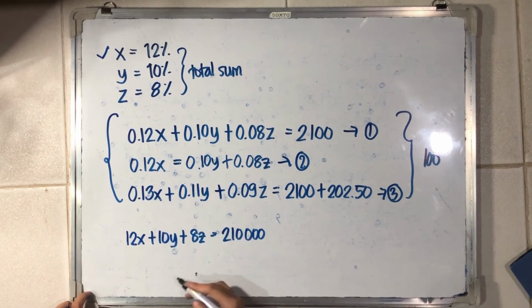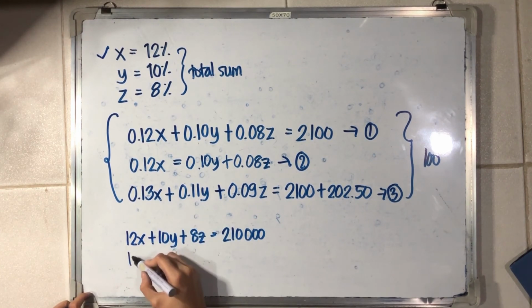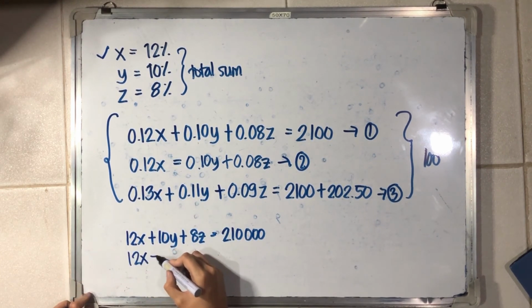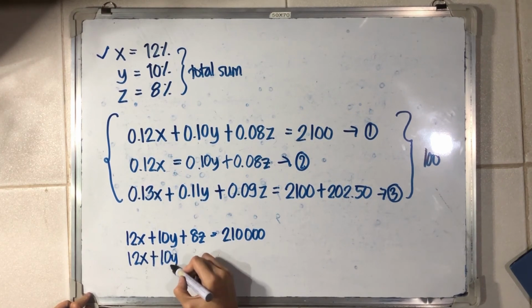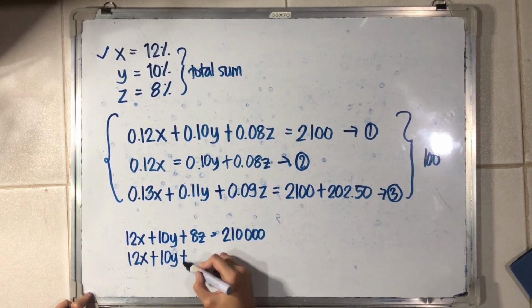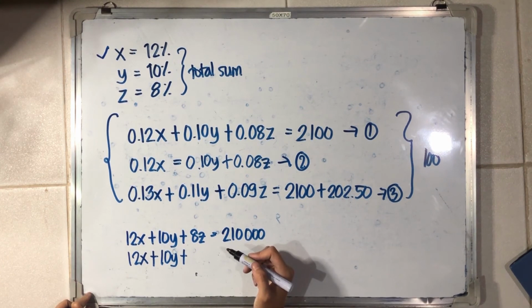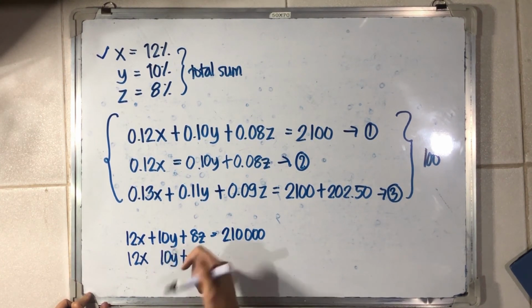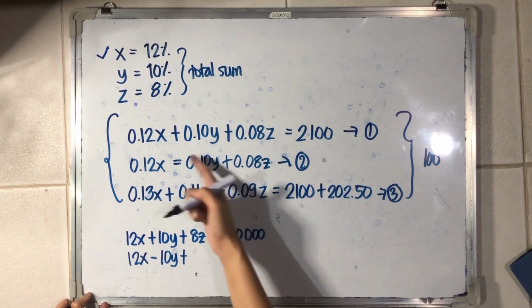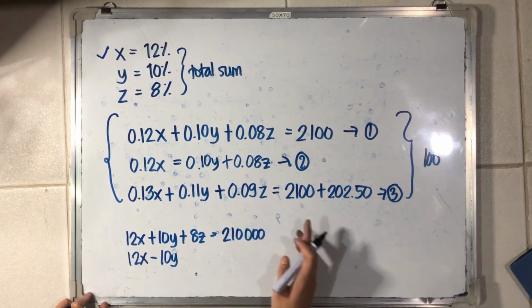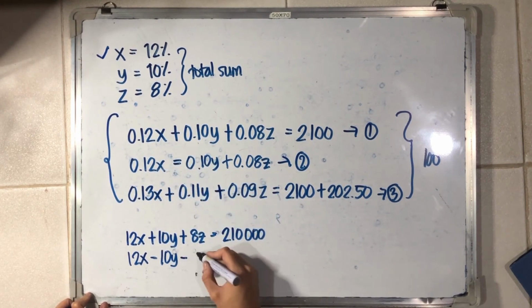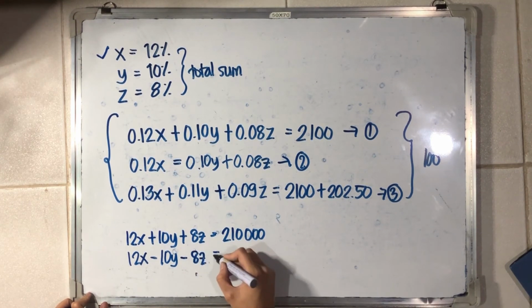Then here we have 10x minus 10y, lipat ko na lang sila kagad on the other side, multiply by 100, tapos lipat mo on the other side, minus 8z equal to 0.